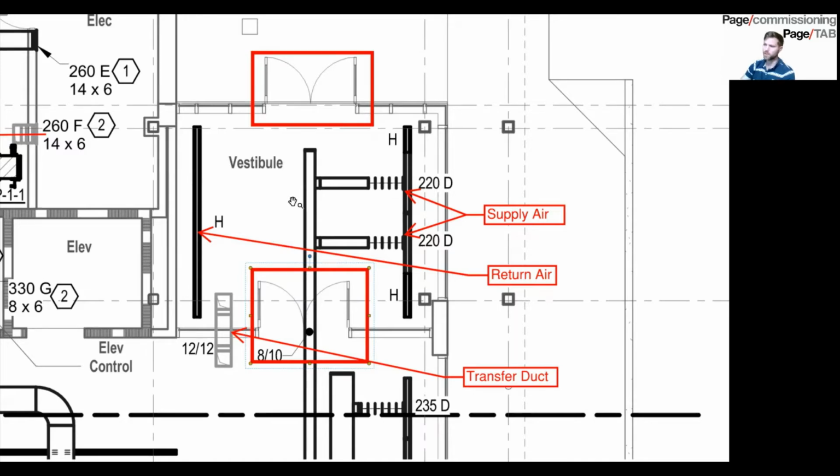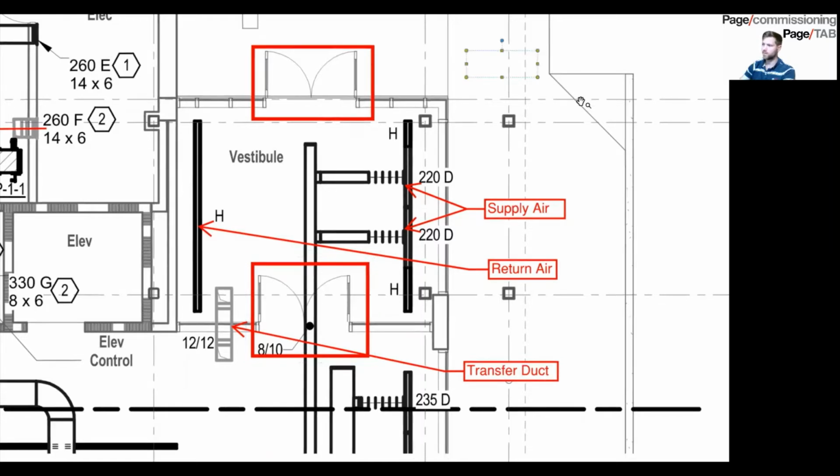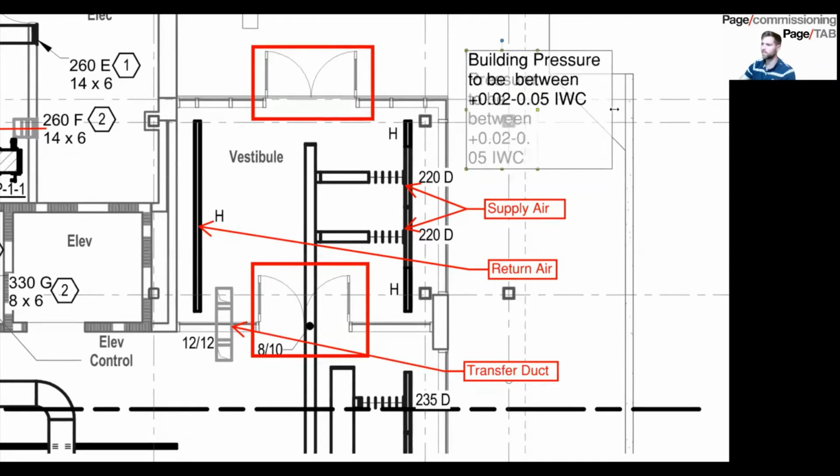Typically, you want building pressure to be between 0.02 and 0.05 positive inches water column (IW).